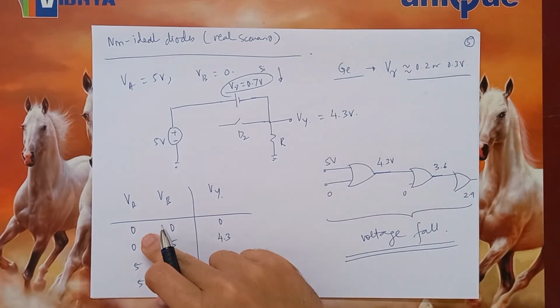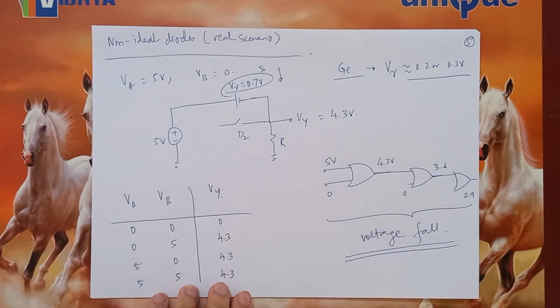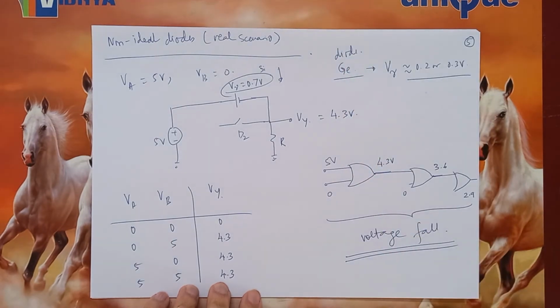So if the input is 5 volts, the output might be 4.8, which is still acceptable. But what's the drawback of a germanium diode? The drawback of a germanium diode is higher reverse saturation current. That is, it acts like a bad open switch when it is reverse biased.